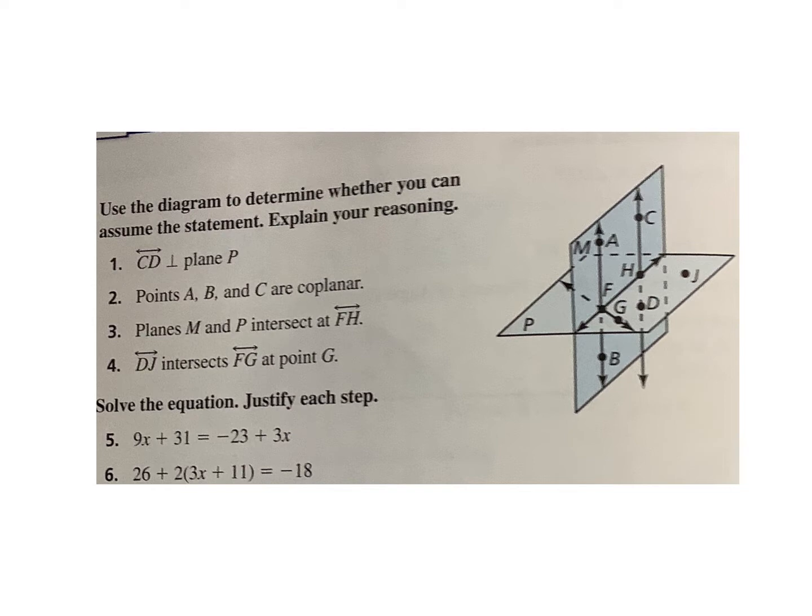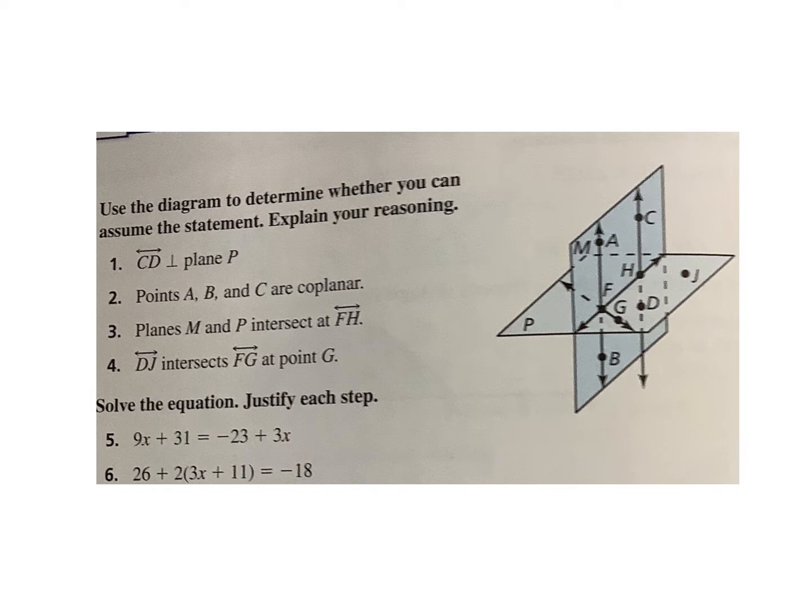Number 3, planes M and P, both of those planes intersect at line FH. Is that true? Can you assume that? Yeah, so we say we can never assume something. What that means is, can you say it without a doubt, meaning you have the information proving that you can. So yes, that line is the proof.